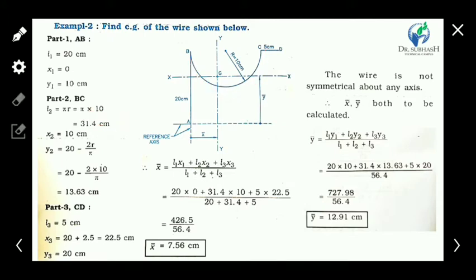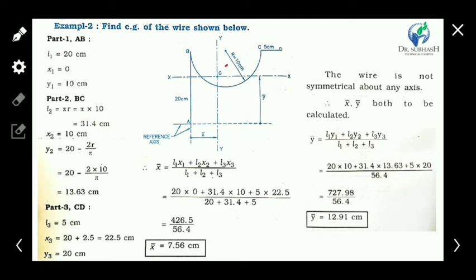31.4 centimeter. Okay. Now the CG of this element is here. So x, the horizontal distance of the CG of this element to the reference axis, is r. So r is 10 centimeter, so x2 is 10 centimeter.